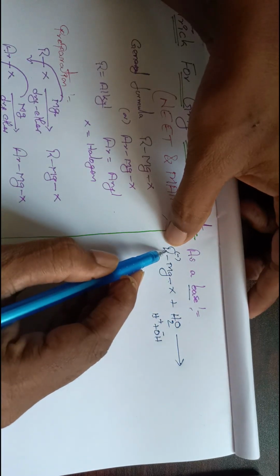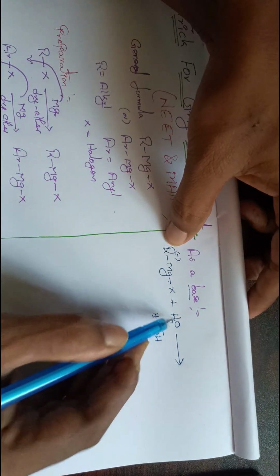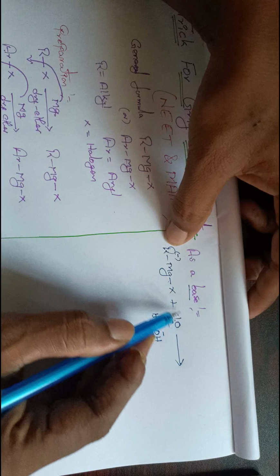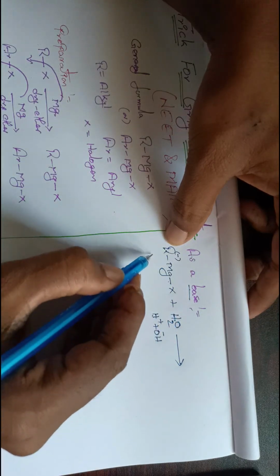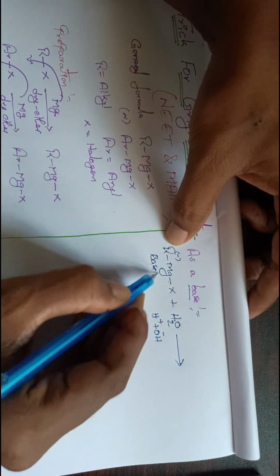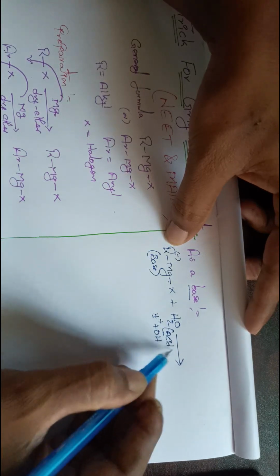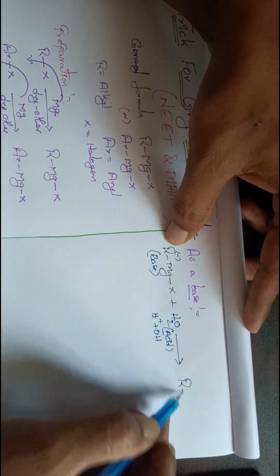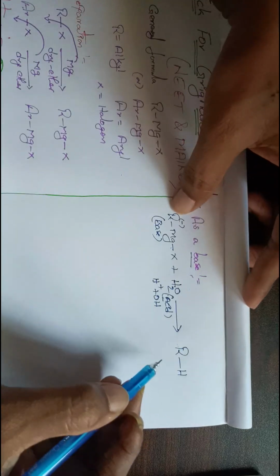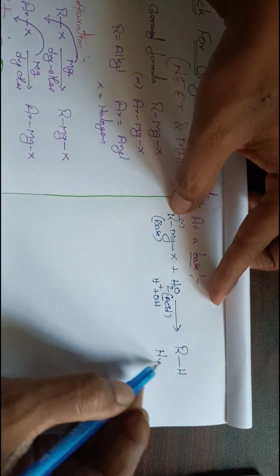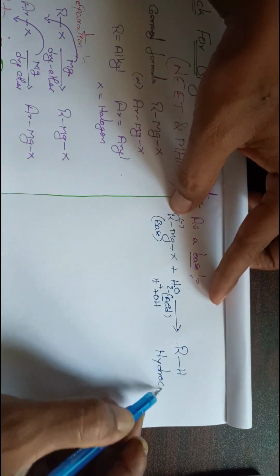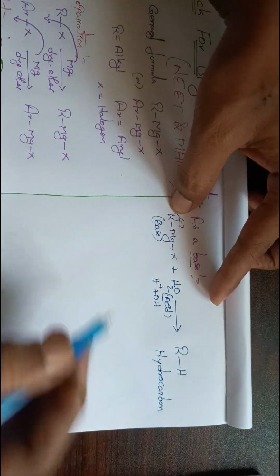Base means abstraction of proton from the acid. So H2O acts as an acid and the Grignard reagent acts as a base. The acid releases H plus ion, so what is generated? RH, which we simply call a hydrocarbon.